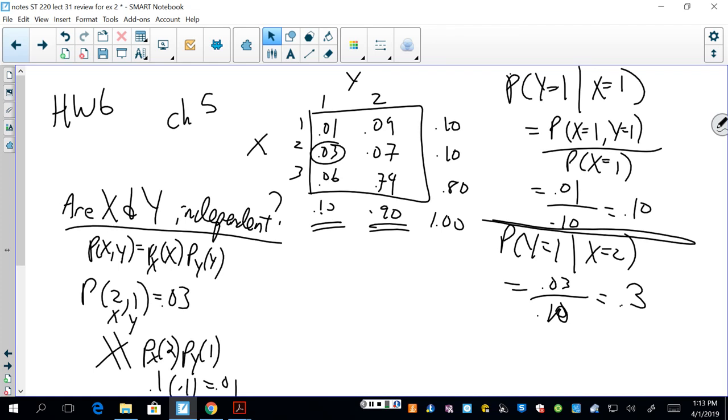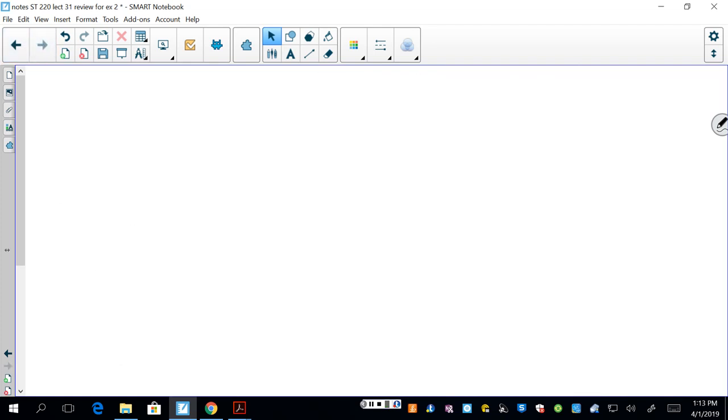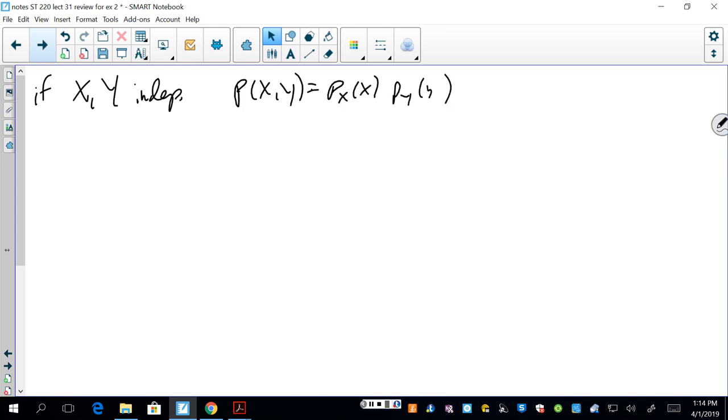Can you say that one more time? So if two variables, x and y, are independent, then the probability of them together is the probability of one times the probability of the other.